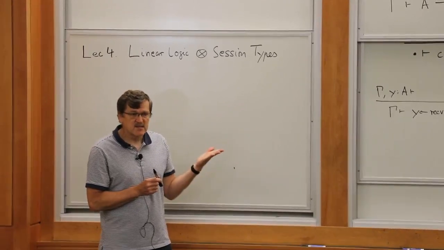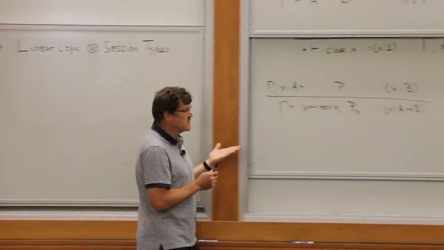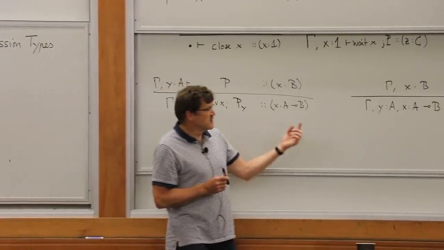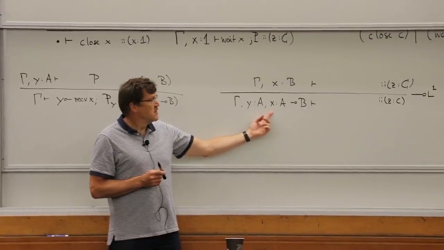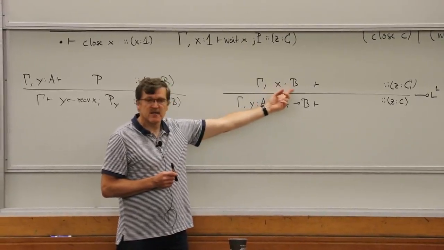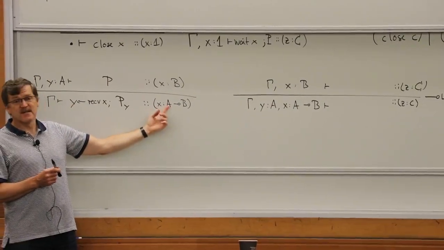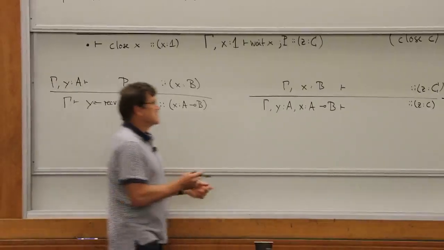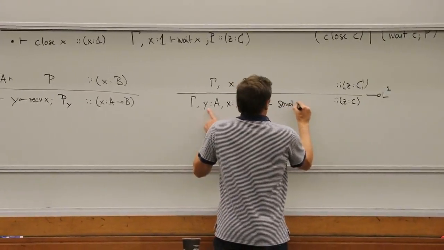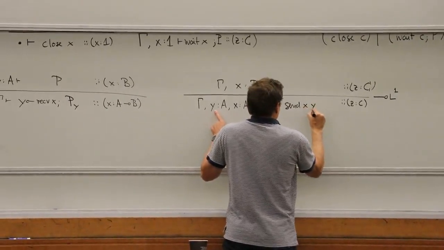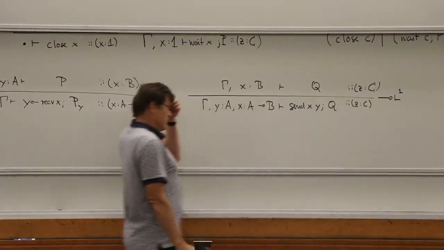Okay, but what does this process term actually have to do? Well, based on everything I've said so far, you should see what it does. It sends y along x, right? And when you do that, then the channel now suddenly has type B because you have satisfied the first part of the protocol, which says send an A and continue as B. So we just send along x the y, and we continue as q, and this is just q.